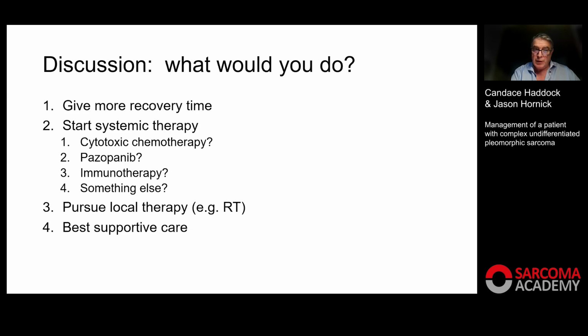So we have a very good experience with chemoimmunotherapy in the Immunosarc trial with a combination of epirubicin, ifosfamide plus nivolumab, and the overall response rate is huge, around 70%.